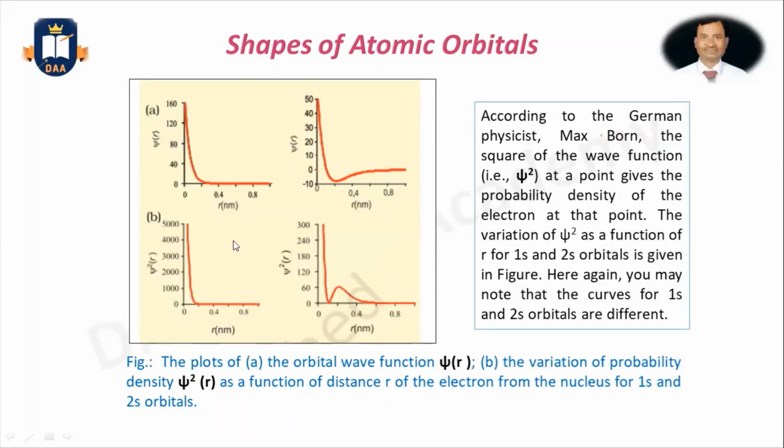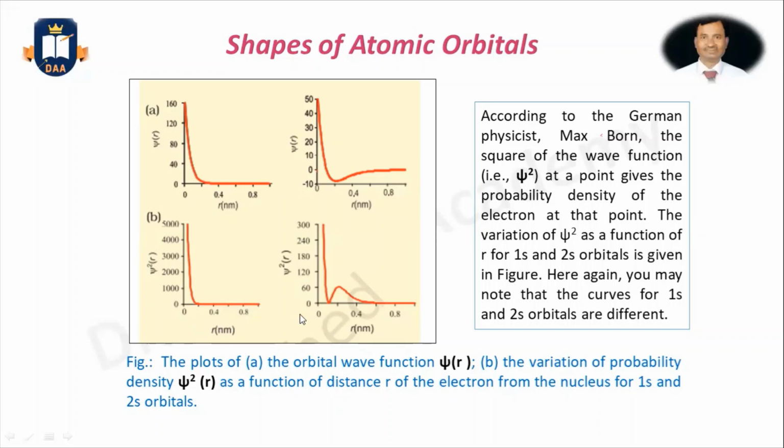For the 1s, if you look at this graph, the psi square value, that is the probability density of electrons in an orbital, suddenly drops to 0 with increase of its distance r from the nucleus. And with the increase of r, this psi square value, that is probability density, will remain 0. This is the case for the 1s orbital.